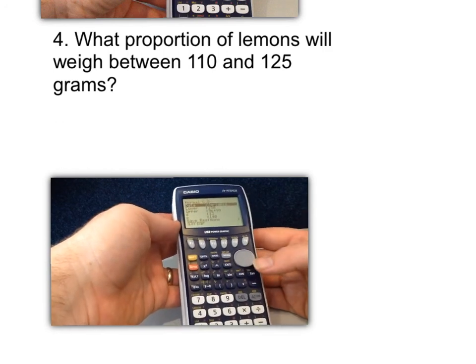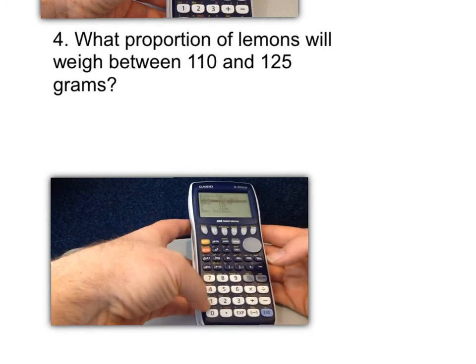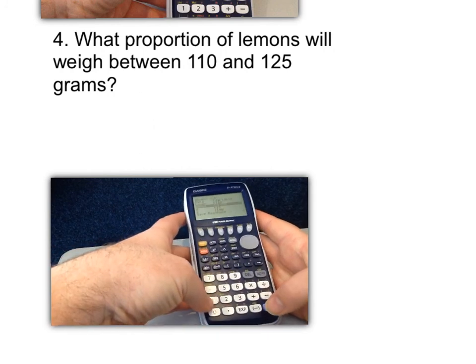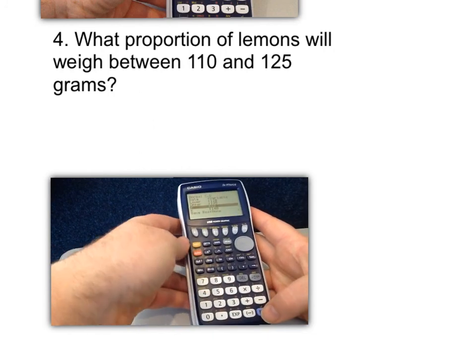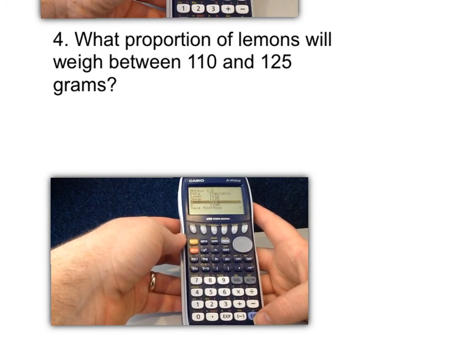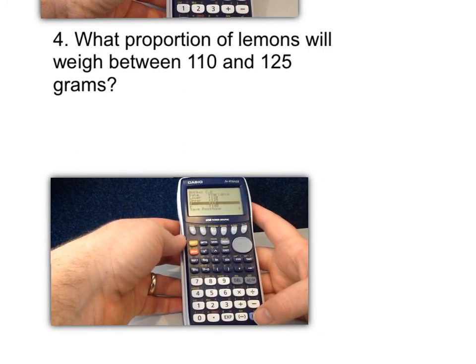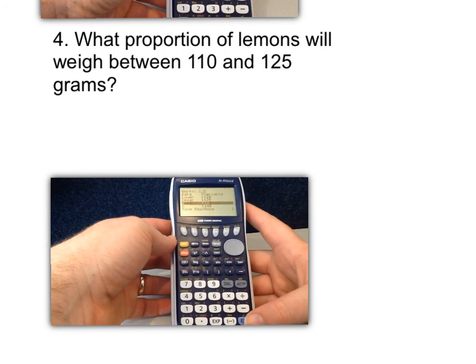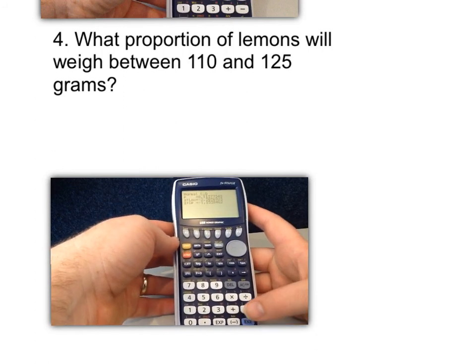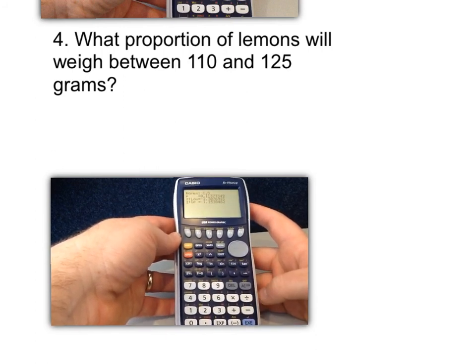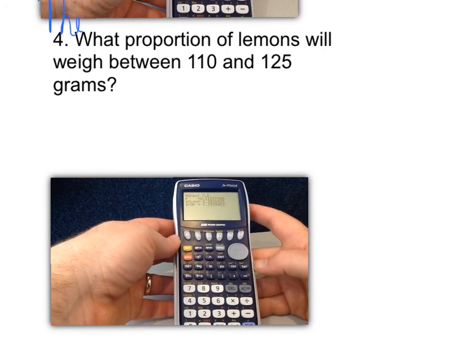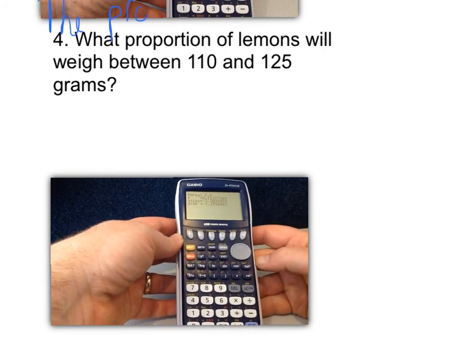For any of these working forwards questions, we use NCD. So we want 110, 125. Now, the only difference here is the word is proportion rather than probability, but it actually works out the same thing because the probability is the proportion. So here, the probability is 0.114, and that is the proportion of them that are in that weight range.